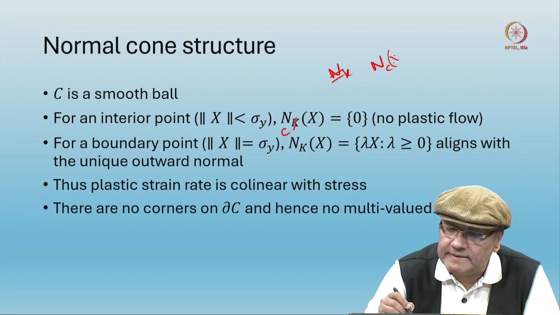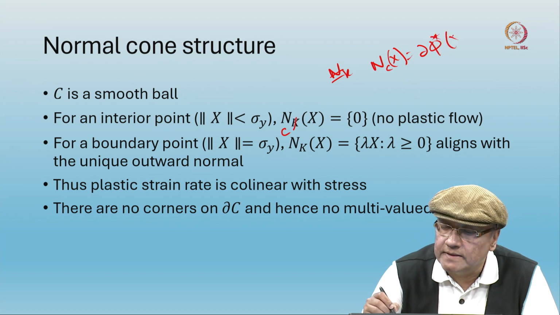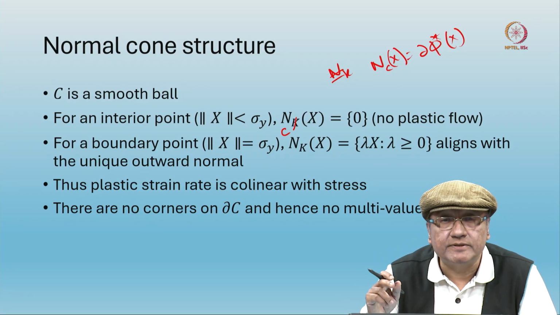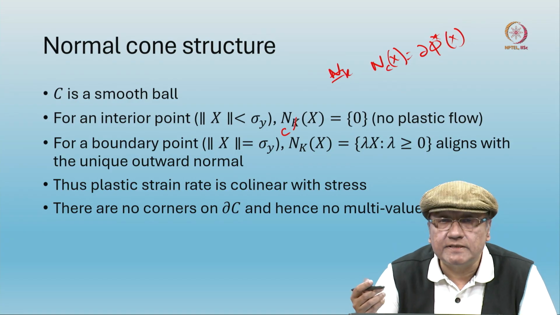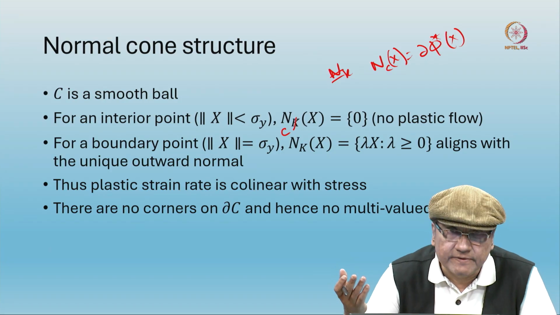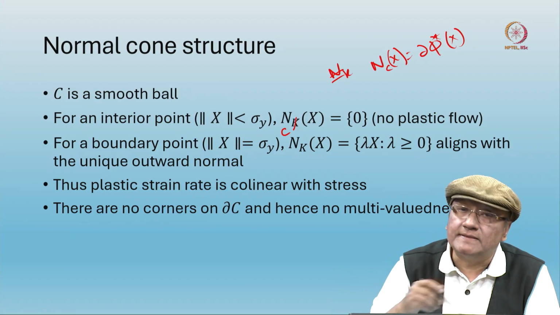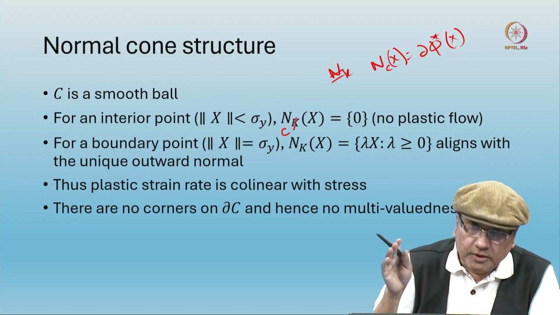N_C x is equal to del, the subdifferential of phi star x, right. So, for x within the set C, the admissible stresses, then phi star x is 0. So, del phi star x is the standard derivative because it is a smooth function, phi star is 0 everywhere, trivial, its derivative is 0, its subdifferential is also 0, right. So, that is a singleton set. The interior point. The normal cone is a singleton set.